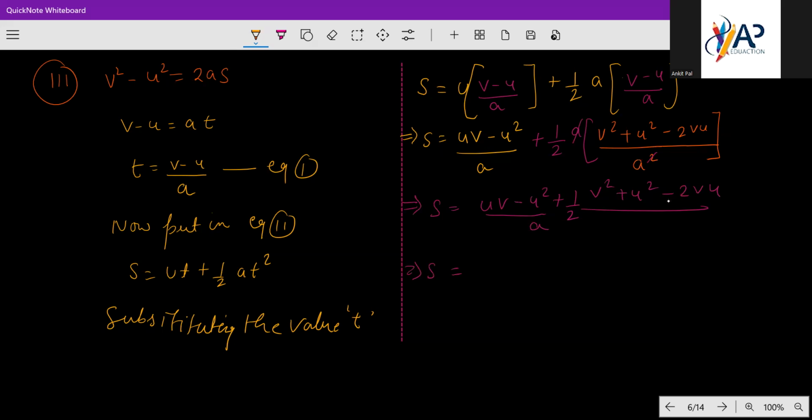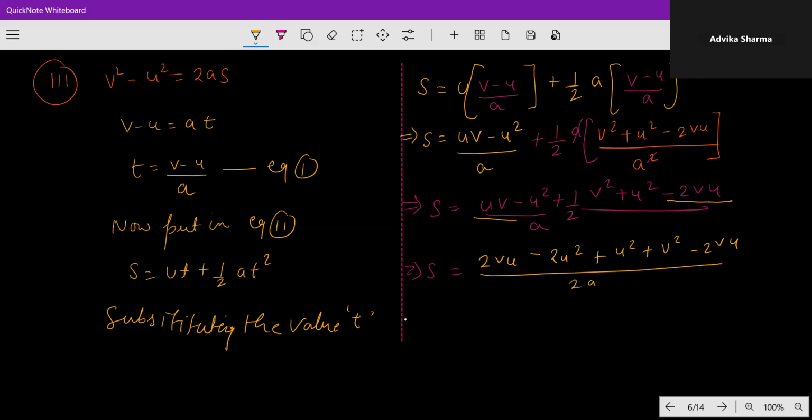We can combine the terms: minus 2u square plus u square plus v square minus 2vu upon 2a, right?